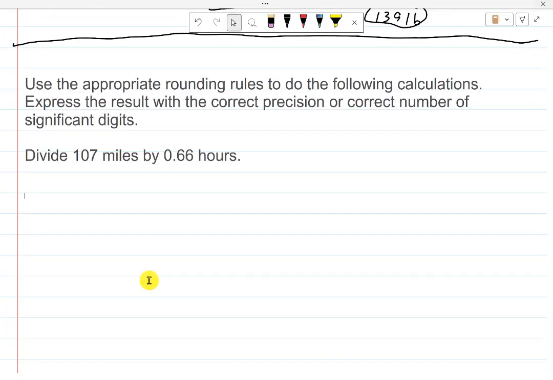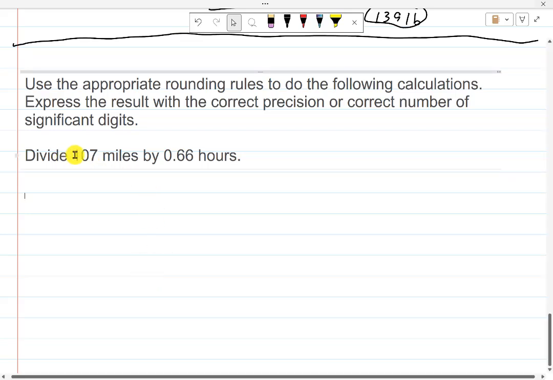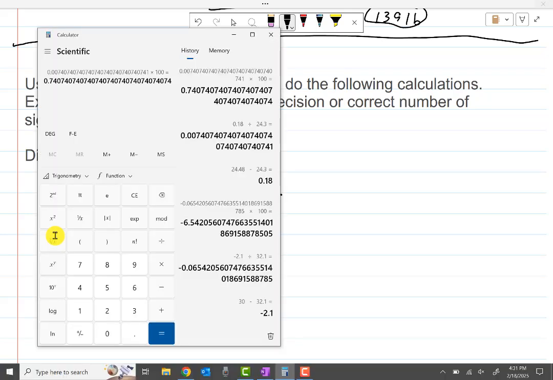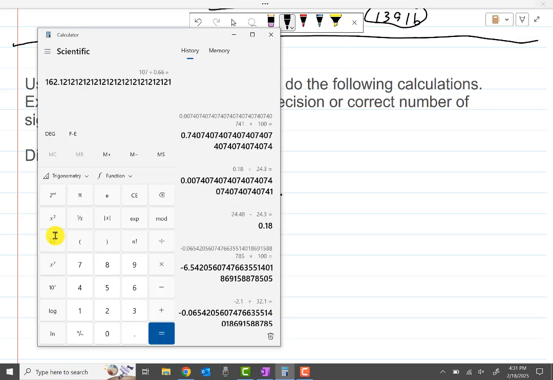Another example with mixed precision here. The first thing is in whole numbers, so it's rounded to the nearest unit, I suppose you could say. And here is 2 decimal places of accuracy. So the final answer I'm going to report is going to be a whole number. To actually do the computation, they want us to do 107 miles divided by 0.66 hour. 107 divided by 0.66.